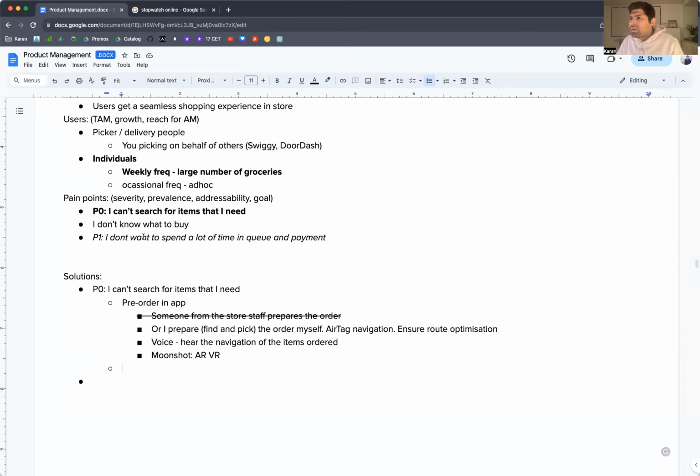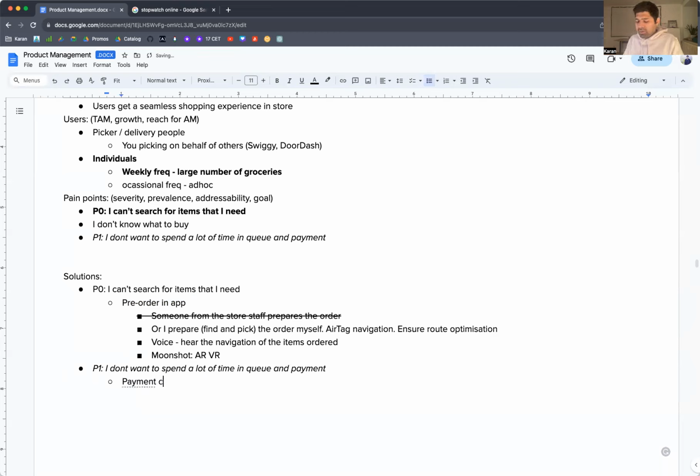Okay, then let's focus on this particular piece. I do not want to spend a lot of time now, because we are already talking about a solution where we can pre-order. I think the pre-order can ensure payments in the end. So make a pre-order, add all of the 10-15 items you want, and then just make a payment upfront.